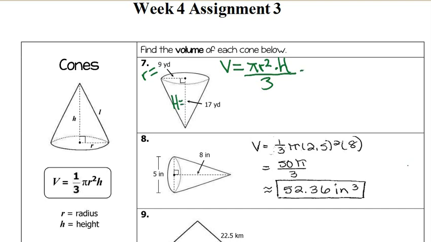So I have pi, my radius is 9, then squared it, times my height, which is 17, all over 3. So I'm gonna multiply the pi last.